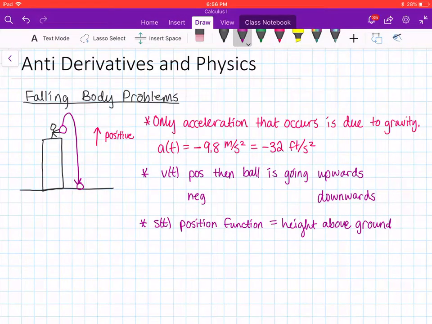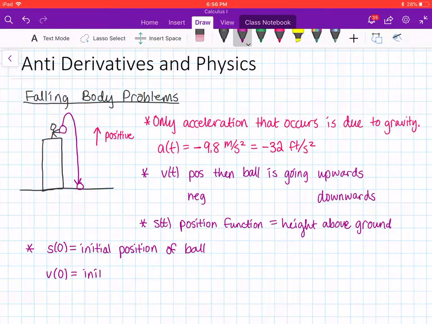Another thing I wanted to point out was s of 0. What do you think s of 0 is? It is the initial position. At time 0, it's where you're starting to throw the ball. Similarly, we can look at v of 0, and that's your initial velocity at time 0.